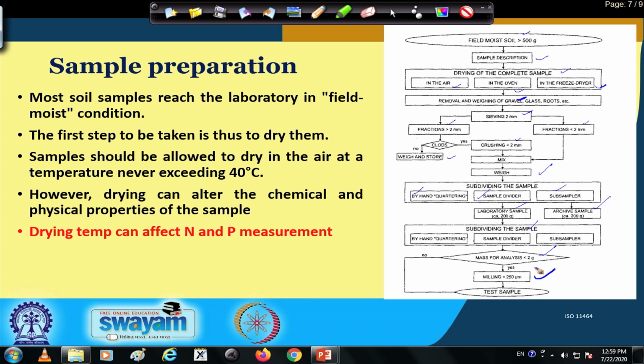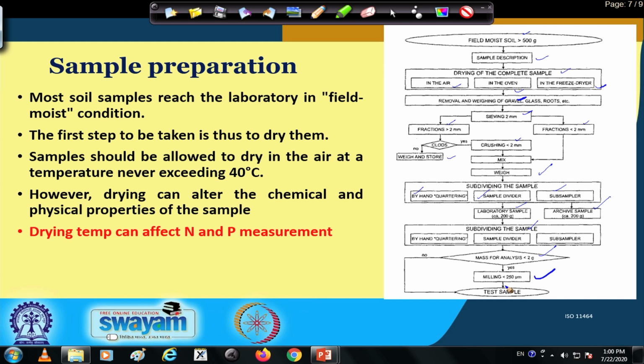So, if the mass for analysis is less than 2 gram, then further milling is done to get the test samples. If the mass for analysis is not less than 2 gram, then we go directly to the test samples. Consider this as the test samples. We will discuss all these steps in the subsequent slides.